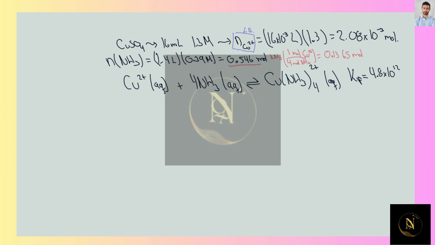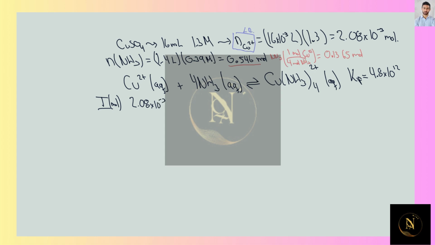Now I can go ahead and proceed with my ice table. Here I'm going to do the ice table in mole, and then we're going to get the concentrations to put into the equilibrium constant, just to make things a little bit easier for our final result. You can alternatively get all of the results directly in concentrations, but both procedures are equivalent, so do not worry too much about it in this case. So the initial quantity of copper 2 plus that we have is 2.08 times 10 to the minus 3.